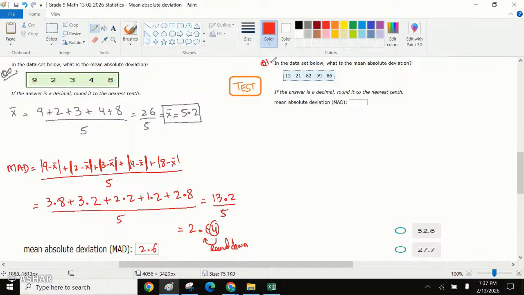For question number 1, I've copied the question. I'll do it as well, but I'll give you some time. I'll do it very slowly so that you can finish before me.